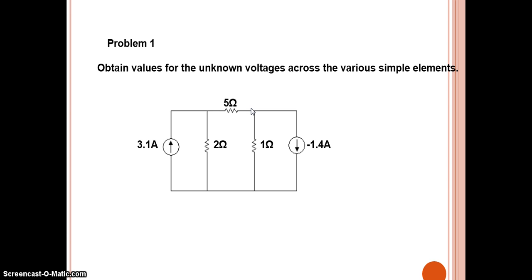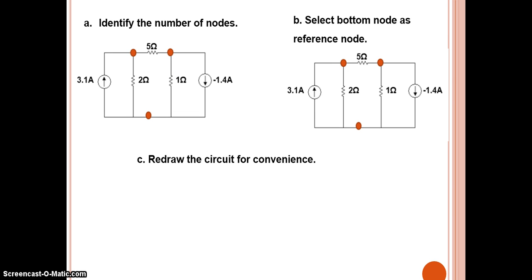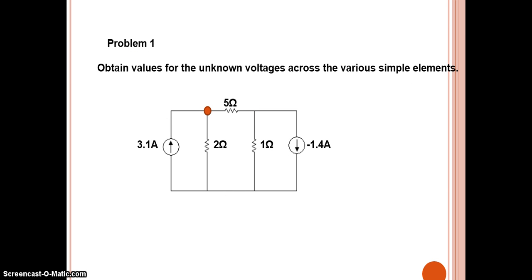So what is our first step? Our first step is to identify the number of nodes. How many nodes are there we have to identify. So just see here how many nodes are there. This is an element, this is an element, this is an element. All these meet at this point. A node means a point where 2 or more circuit elements meet.